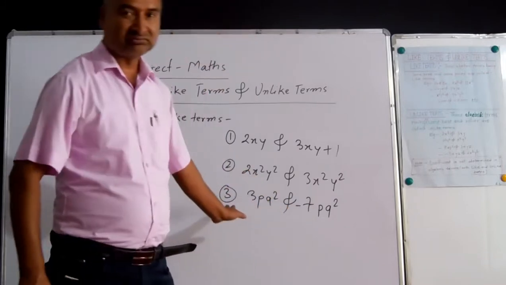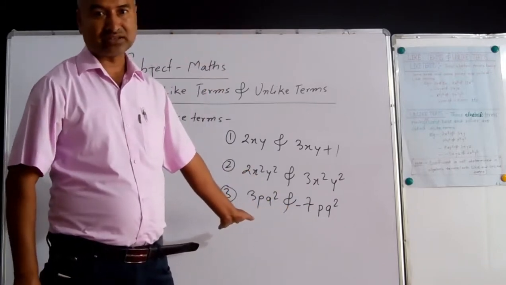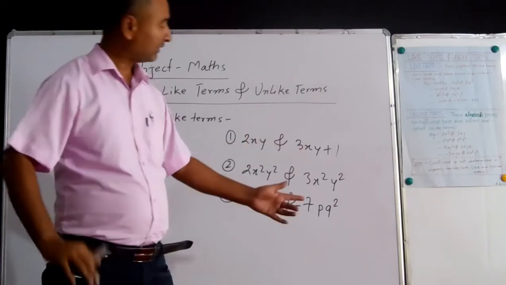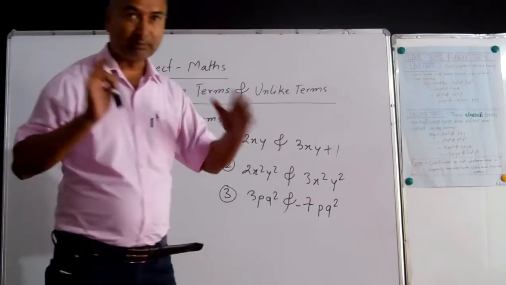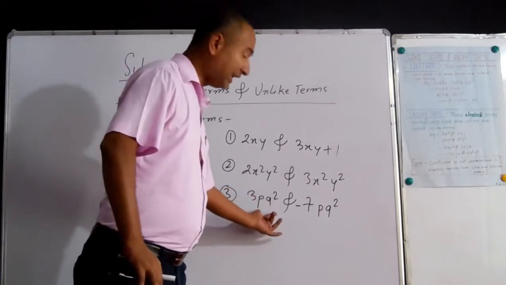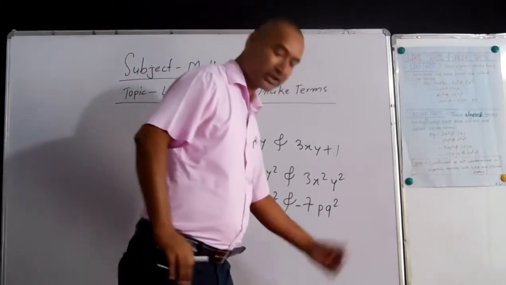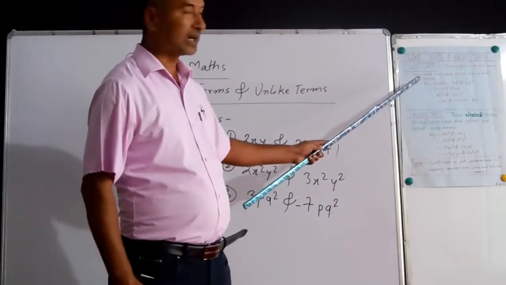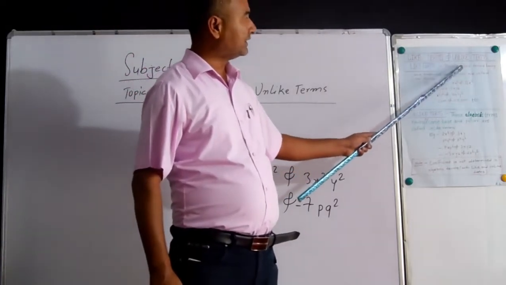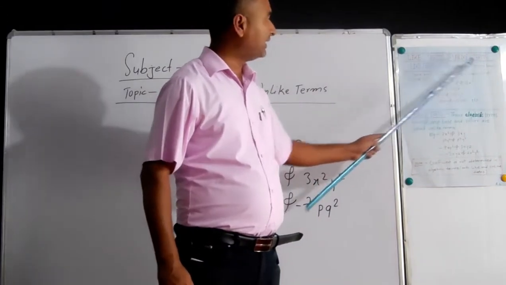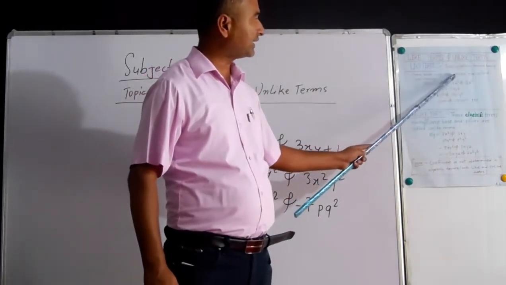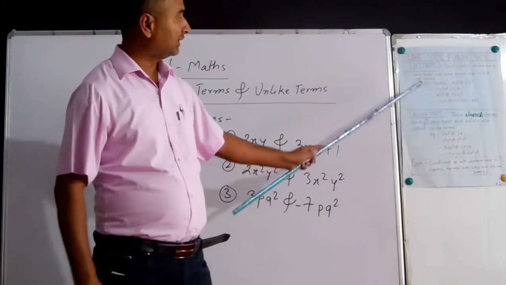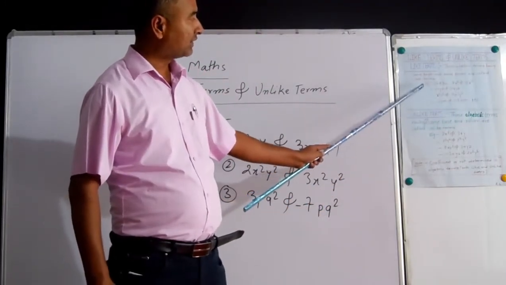But the coefficient is not necessary for like terms. You cannot compare with the coefficient. You can compare only with the variable and powers. Simply we can say, please focus on the chart paper, those algebraic terms having the same base and same power are called like terms.